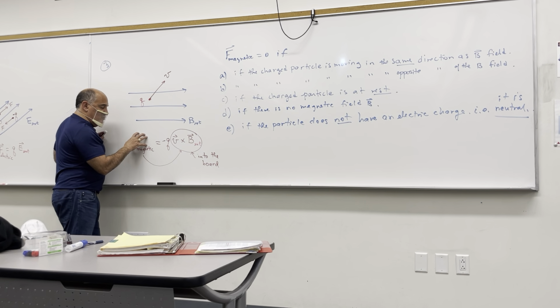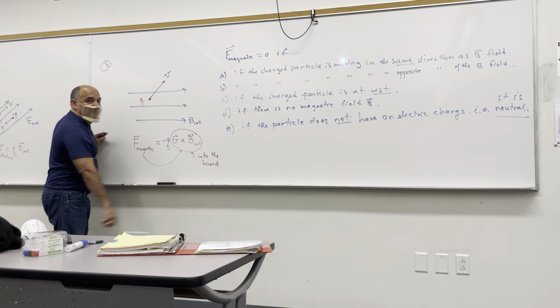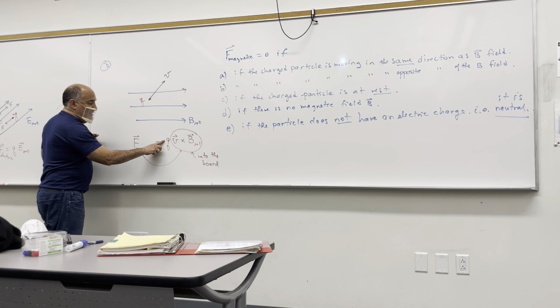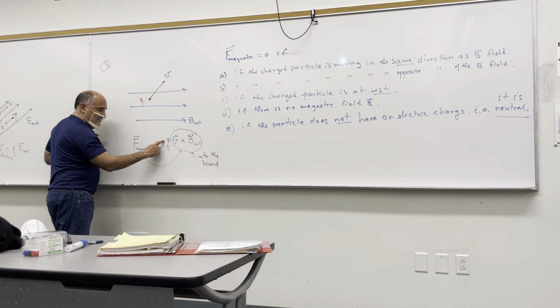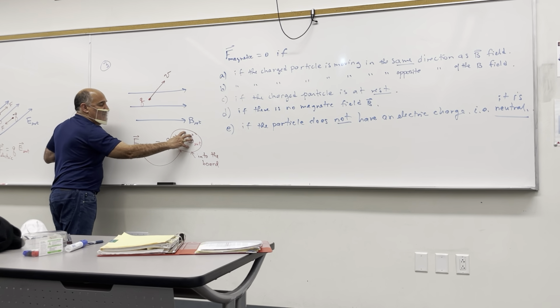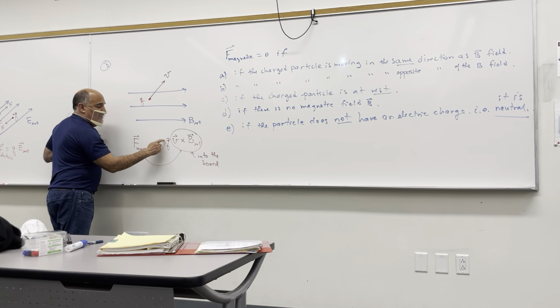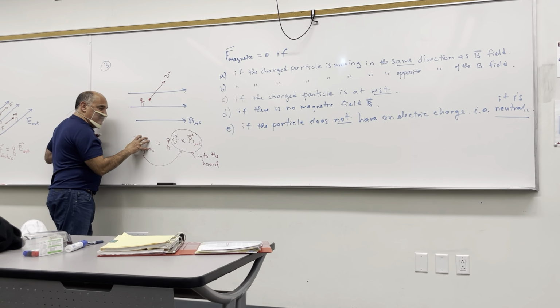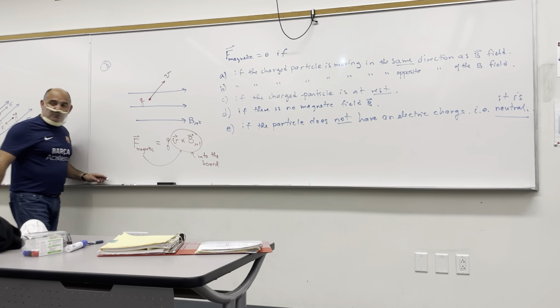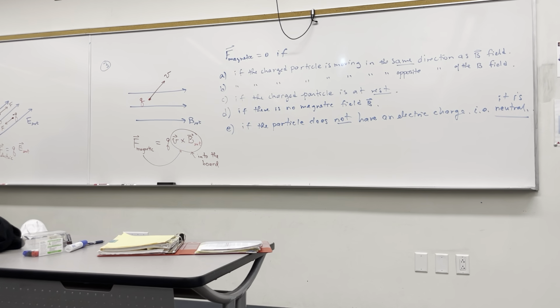If the charged particle is positive, then the magnetic force acting on it will be in the same direction as this cross product. But if the charged particle is negative, then the magnetic force acting on the negatively charged particle will be in the opposite direction to this cross product. Yes?